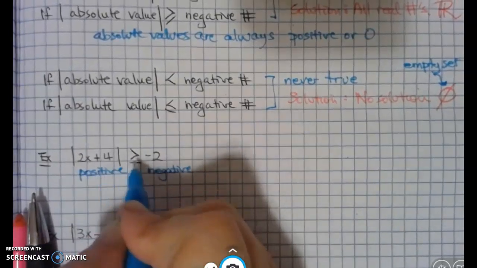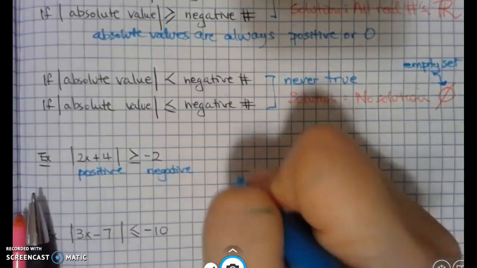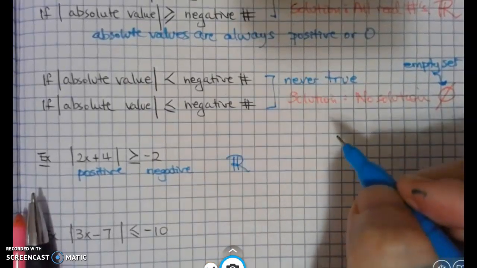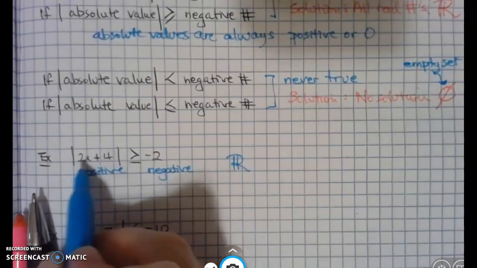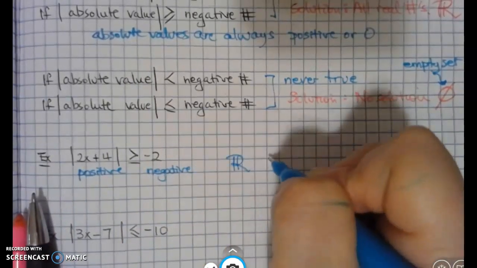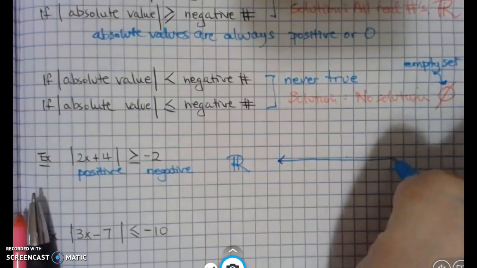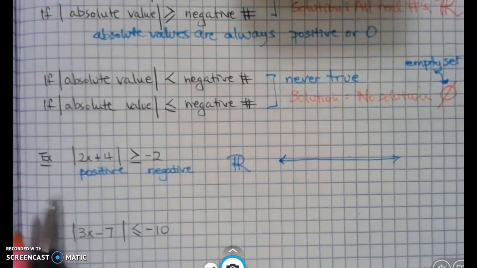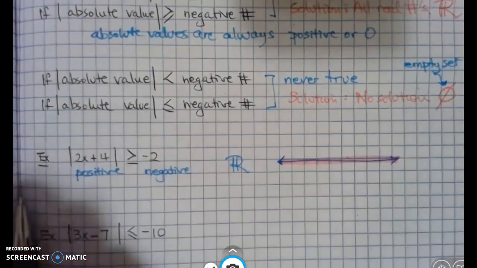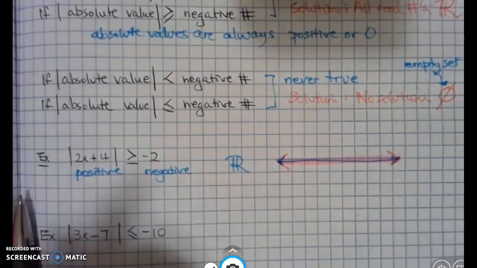Is a positive number always greater than or equal to a negative number? Yes, that is always true. So we can say all real numbers is my solution. It does not matter what the x is. It's always going to be true. And if I was to graph that on the number line, it will look like this. All of the number line is shaded, and it goes both directions infinitely.